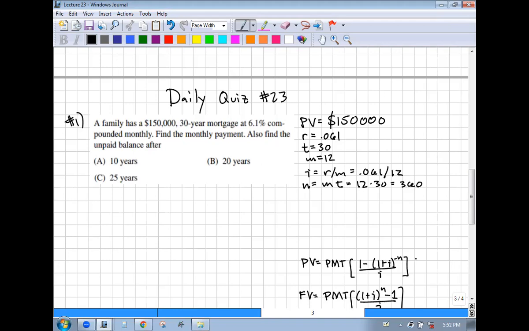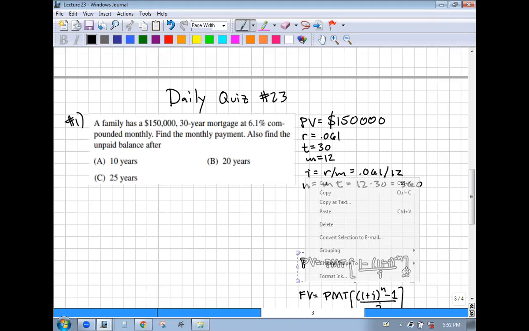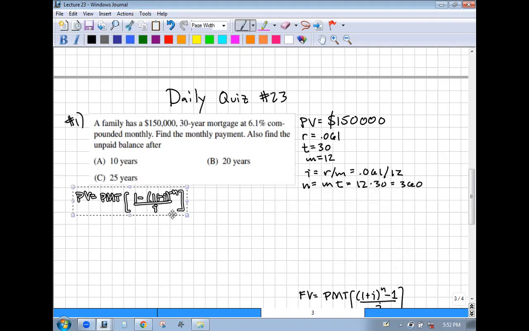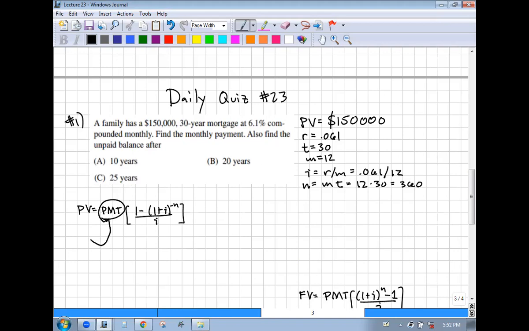So if we use this formula, again, this tells you whatever your payments are, if you've invested this amount. The way we presented this formula was you put some money in the bank and then you're collecting interest on that money, but each month or each quarter or whatever, you're taking a little bit of that money out.